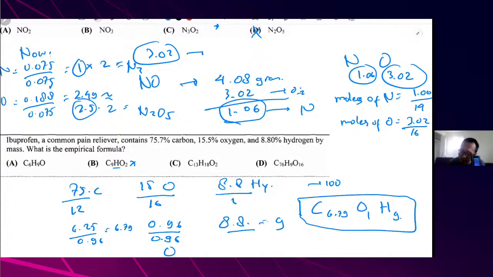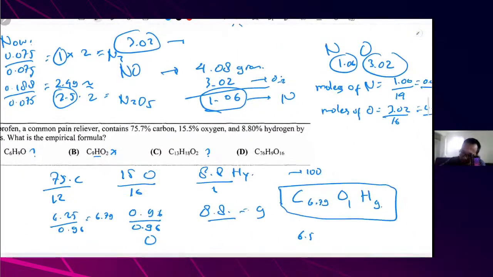And then how about the C? The C kind of makes sense, if the C is 6.5. So just take a look at this one again. And then how about this one? O is impossible because O should be less than H. So which one is correct?